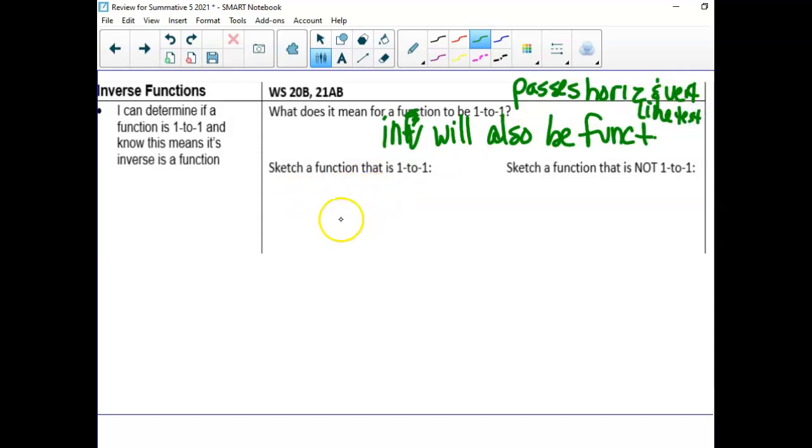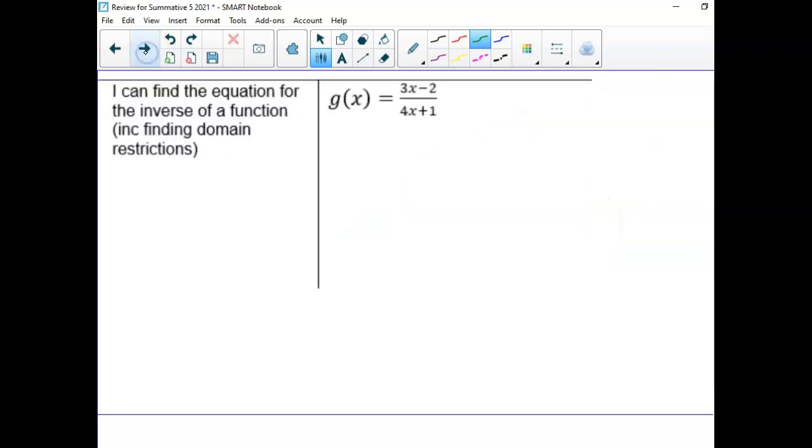So sketch a function that is 1-to-1. There you go. Sketch a function that's not 1-to-1. Is everybody good? This would pass a horizontal and vertical line test. This will not. Can I move on? Because this is the one I'm worried about.